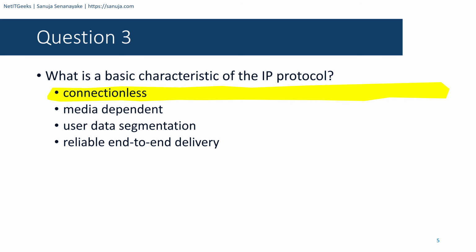You don't need any initial exchange of control information in order to exchange information with the IP protocol method. So IP is basically connectionless and does not provide reliable end-to-end delivery itself, but it can be modified in a certain way that will allow reliable delivery, which we can discuss later sometime, or you can watch my CCNA lecture series. So the answer to this question is connectionless.